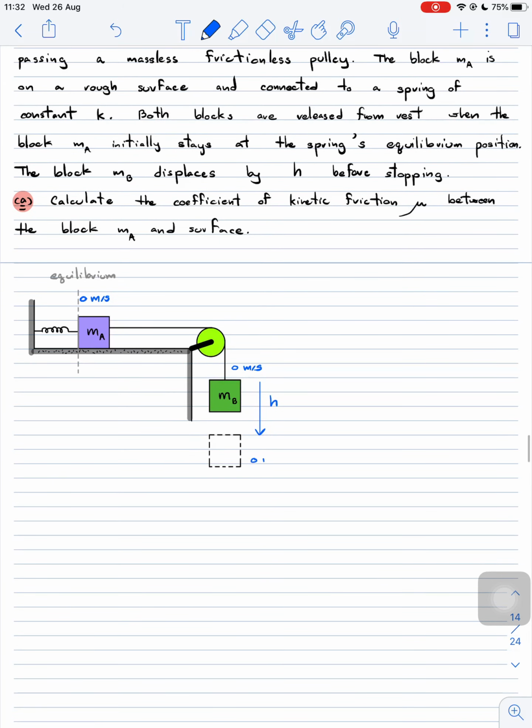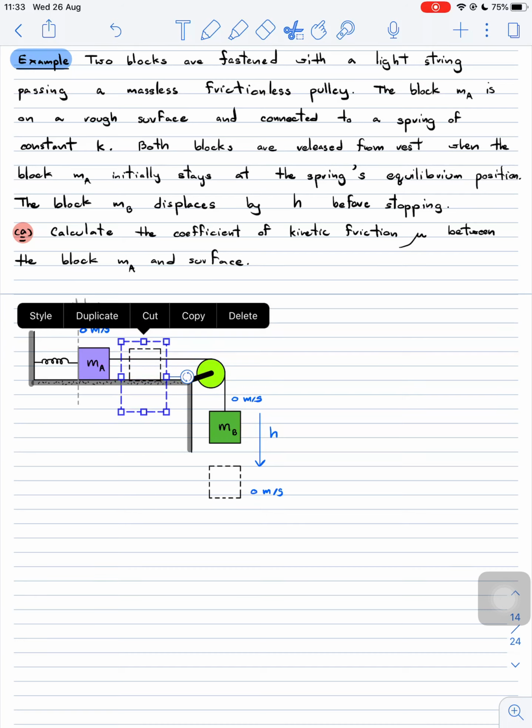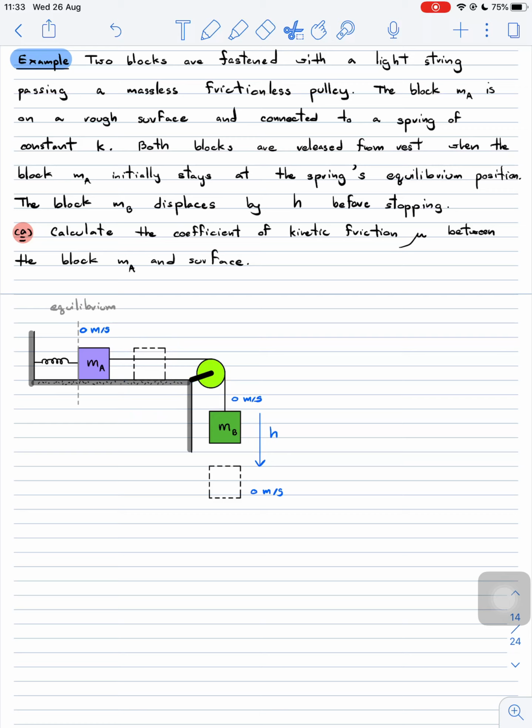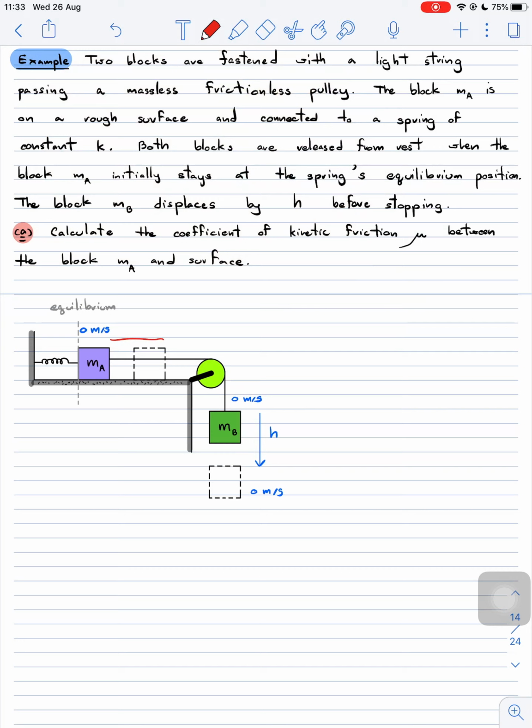Again, this is 0 meters per second. Now if the block MB is displaced by the distance h, it means that the block MA is going to be displaced by the displacement h as well. So it's going to go to something like this, and this displacement is equal to h as well.